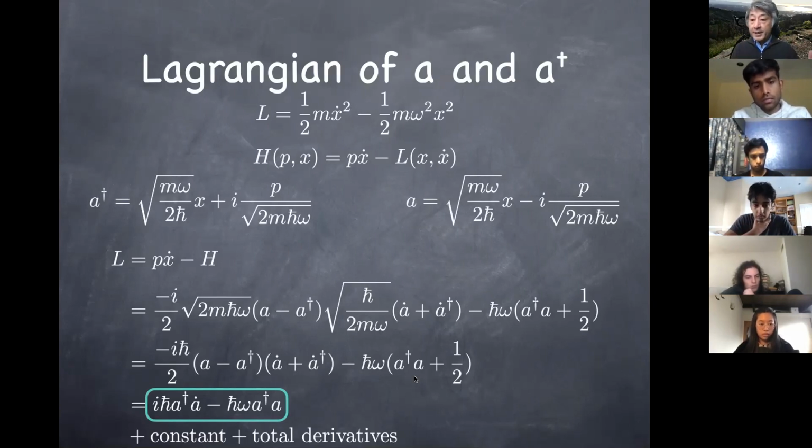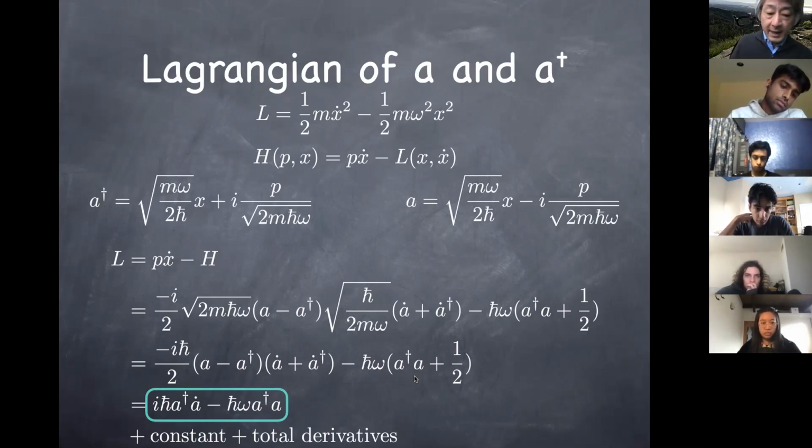Okay, I stop here and take questions, and then we start from where we left off. The next thing we'd like to talk about is how we can recover classical motion of a harmonic oscillator using this quantum theory, using the Hilbert space.